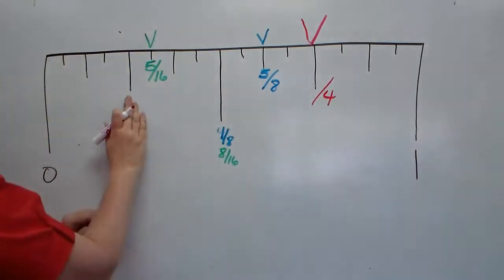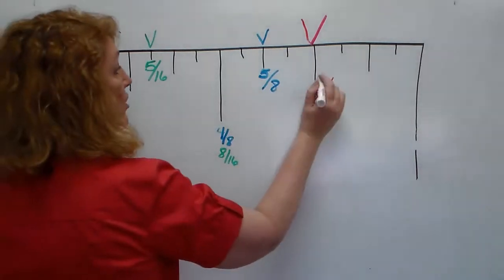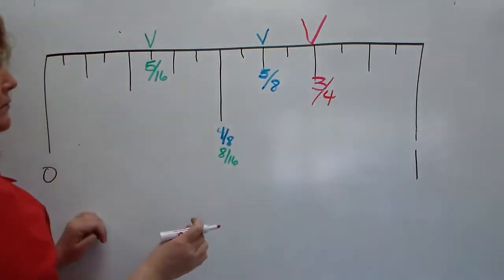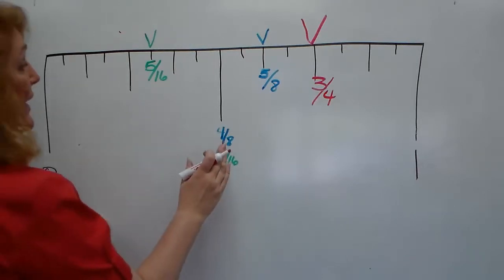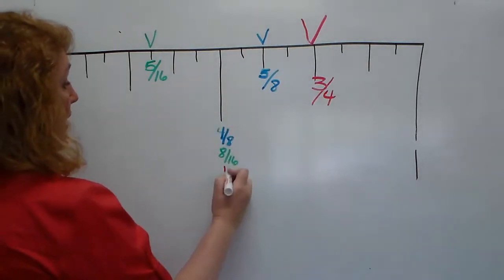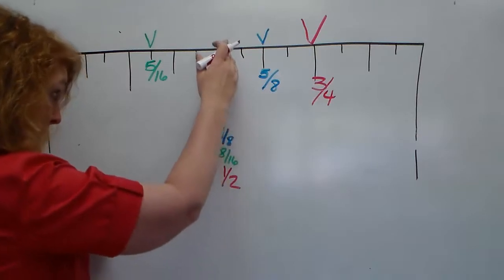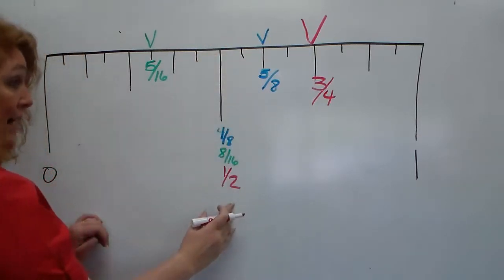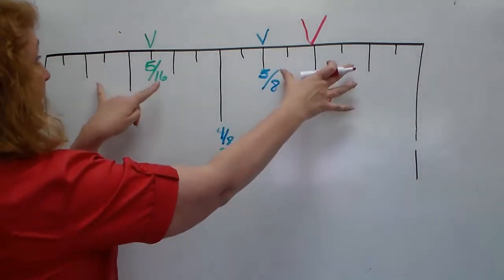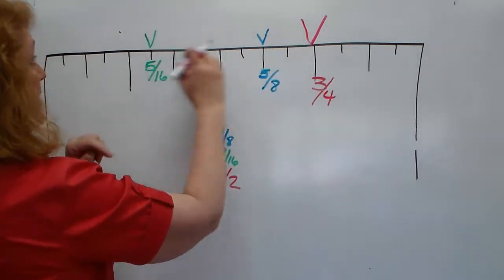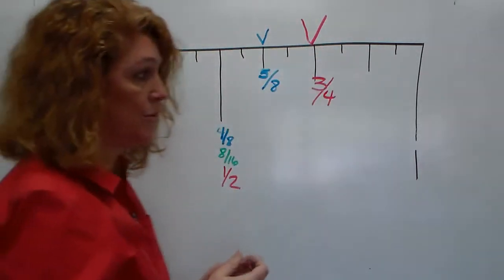And I know that it's the third line over. So now you know how to count, and I'm assuming you know that this is 1/2. So now you know how to count halves and quarters and eighths and 16ths on your ruler.